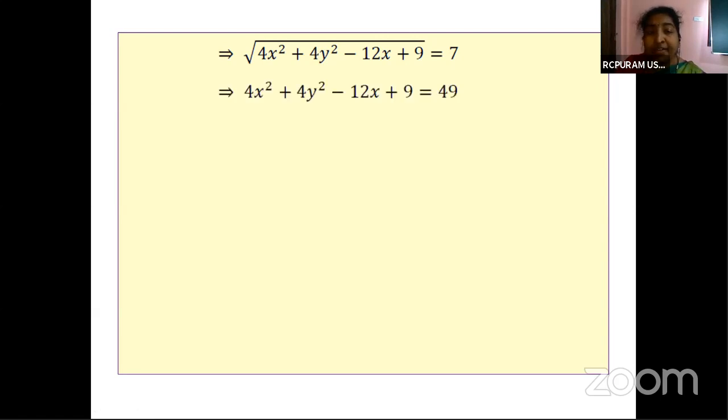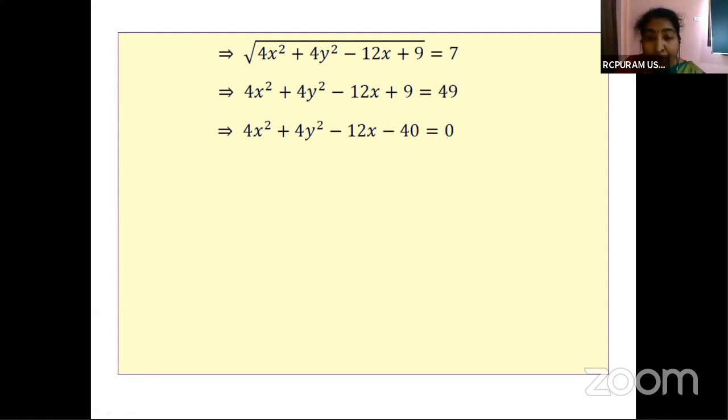Then we'll have it as 4x square plus 4y square minus 12x plus 9 equal to 7 square, which is 49. Get all the terms to one side. Then you will have 4x square plus 4y square minus 12x plus 9 minus 49, which gives you minus 40 is equal to 0.